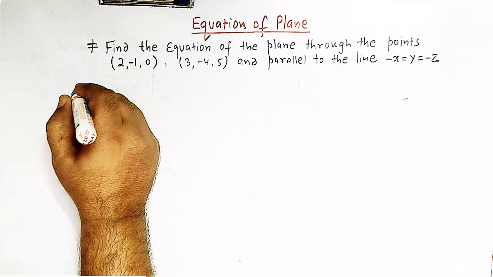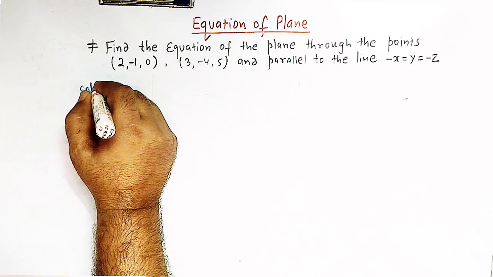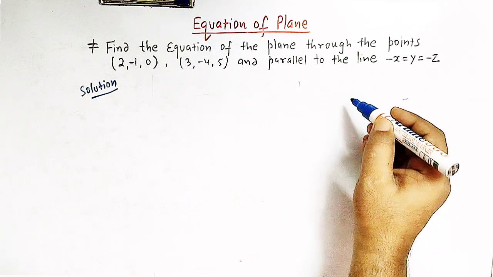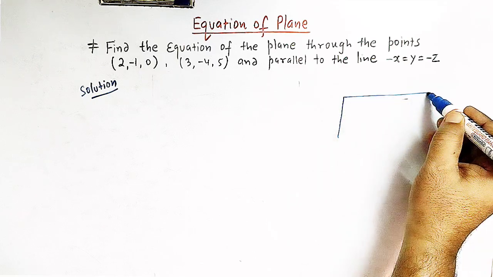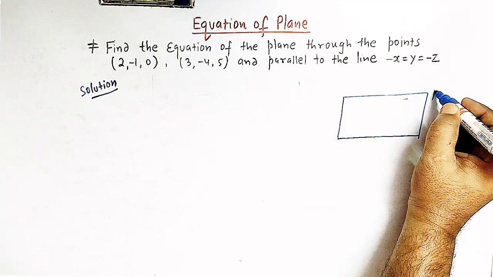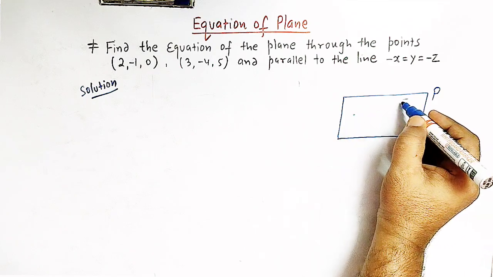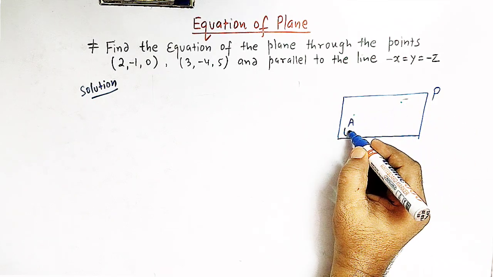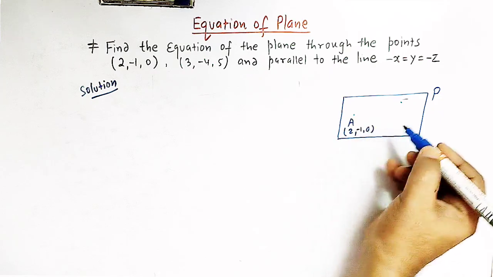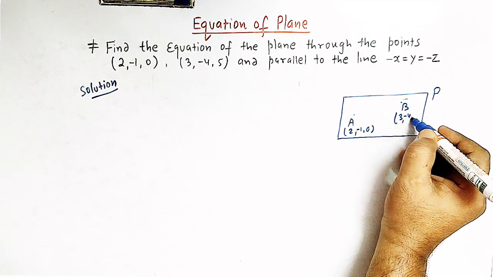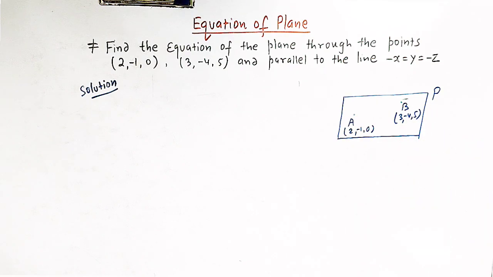So now let us first draw a rough diagram of this problem, right? So we are given a plane, and this plane may be denoted by P, and here we are given 2 points. Let us take this point A as 2 minus 1 0, and this point B as 3 minus 4 and 5, right?